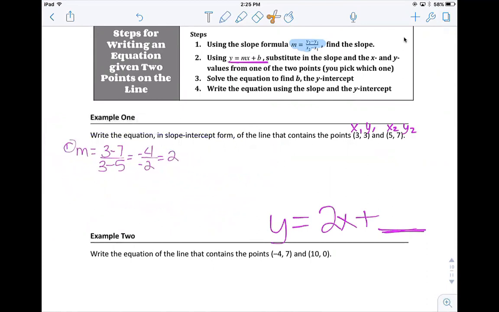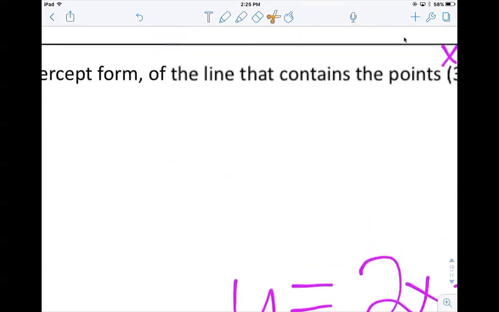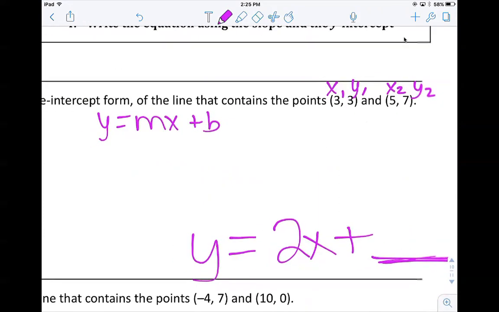So we found the slope. That was step 1. Step 2 says using y equals mx plus b, we're going to substitute in the slope and the x and y values from one of the points. You pick which one, and then we're going to find b. So I'm going to write down my y equals mx plus b, and I'm going to use my first point.